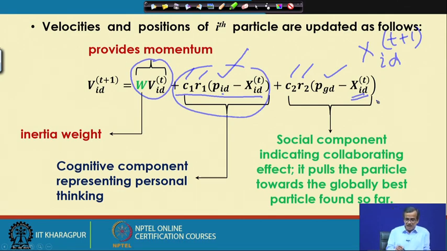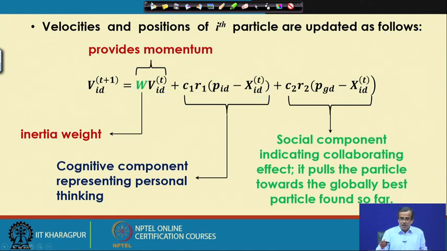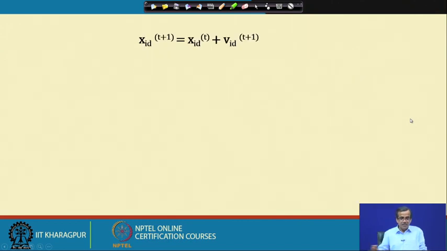Now, as I told, it has three components: initial momentum, cognitive component and social component, and using these three components, the velocity for the ith particle corresponding to the dth dimension will be updated. Once we are able to update this, I will be able to find out the updated position. So, after the velocity updating, the position updating is x_id(t+1) equals x_id(t) plus v_id(t+1).